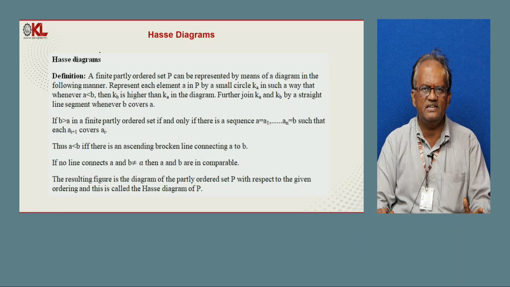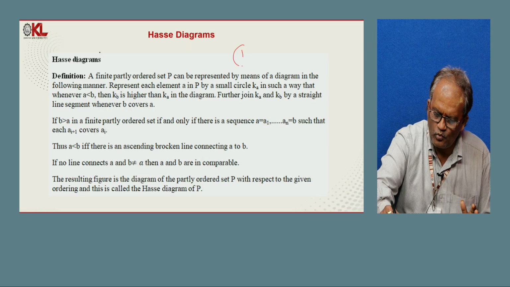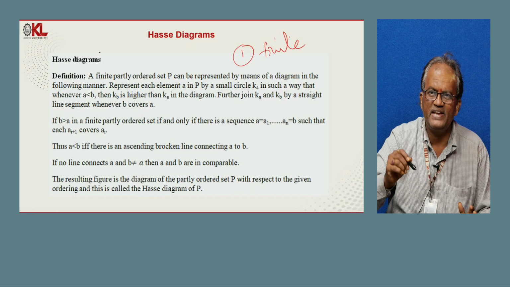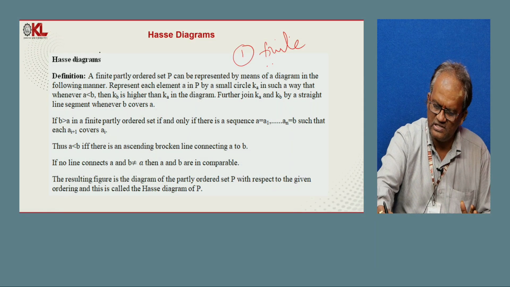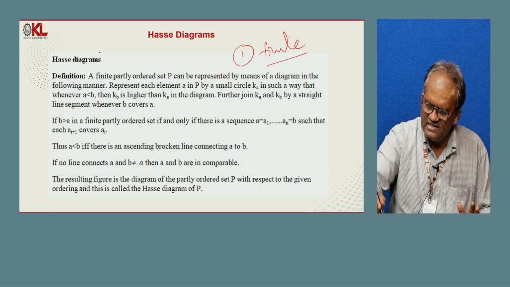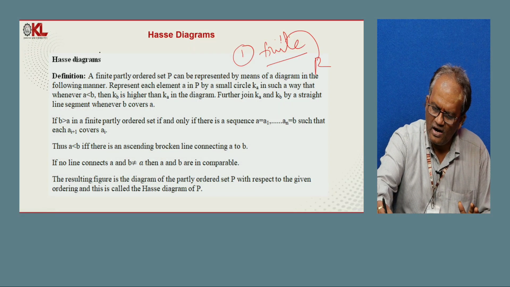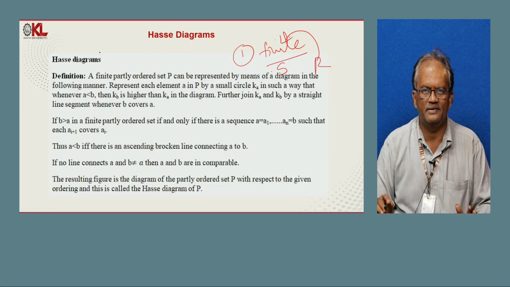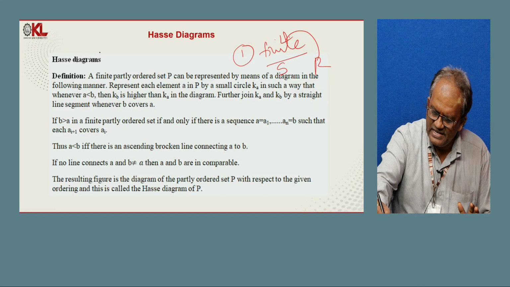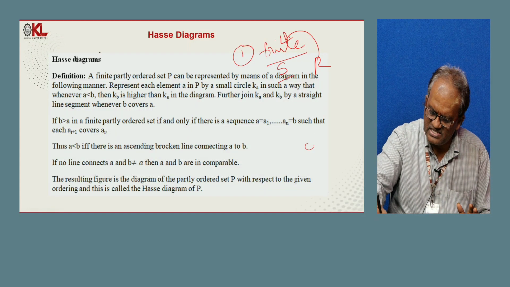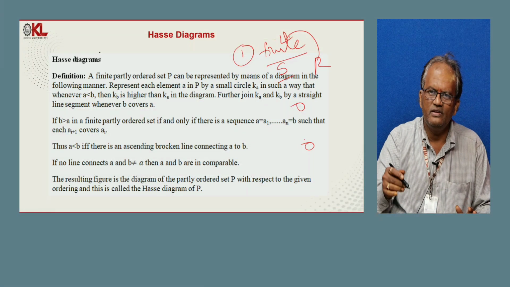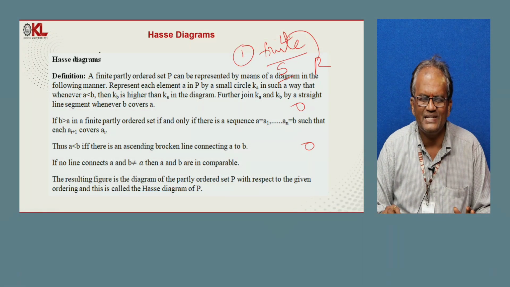What are the conditions? First, the poset should be finite. A finite poset means the poset contains a finite number of elements, with the relation R on the set S. In the set, a least element and a greatest element should exist. We also use some rules to draw the Hasse diagram.